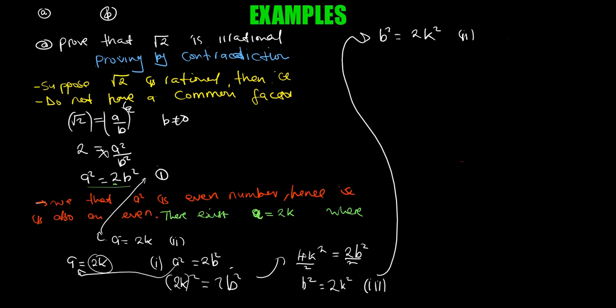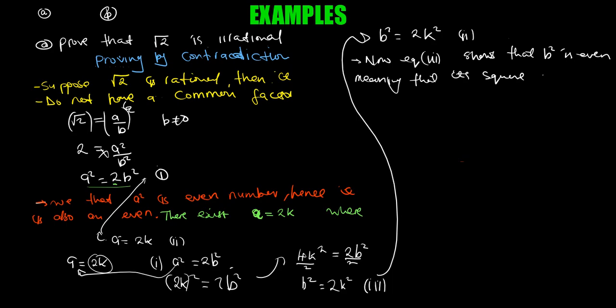So you give another point to say that equation 3 shows that b squared, the same thing is now appearing, is even. Since b squared is even, it means that its square root b is also even.